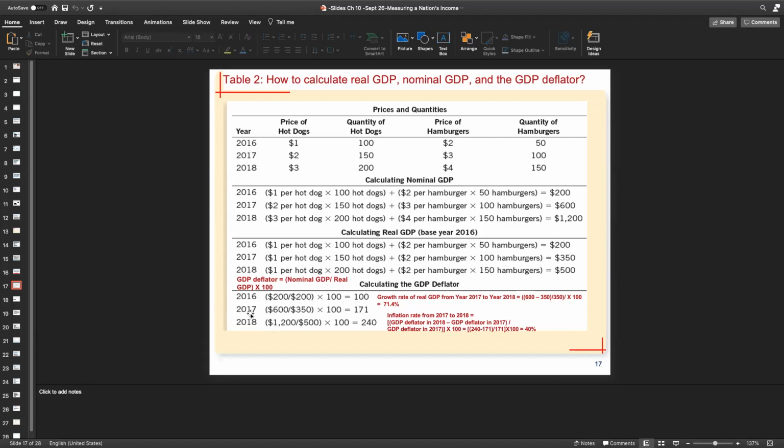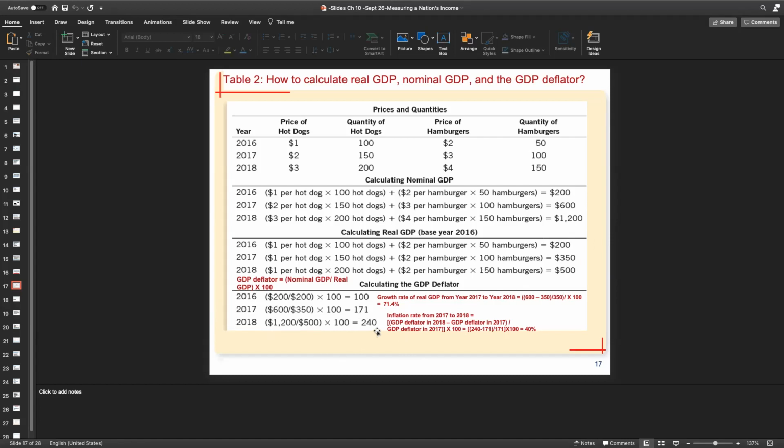And the GDP deflator for 2017 would be 600 divided by $350 and multiplied by 100, which will be 171. And the GDP deflator for 2018 would be 1,200 divided by 500 multiplied by 100, which will be 214.